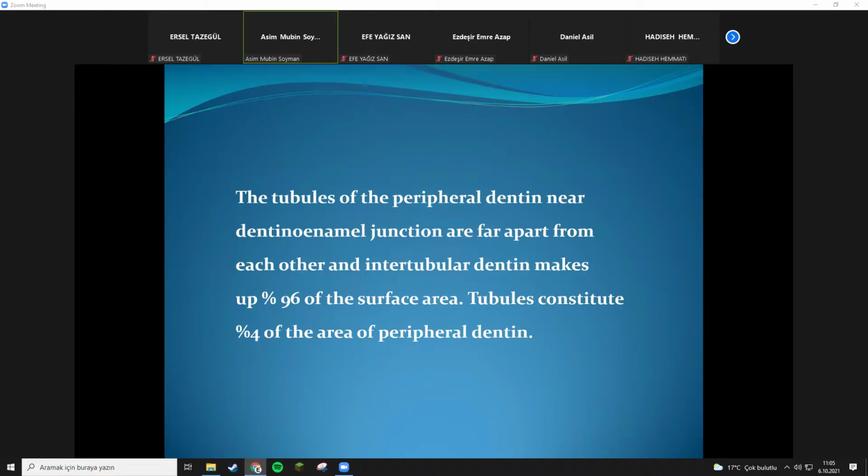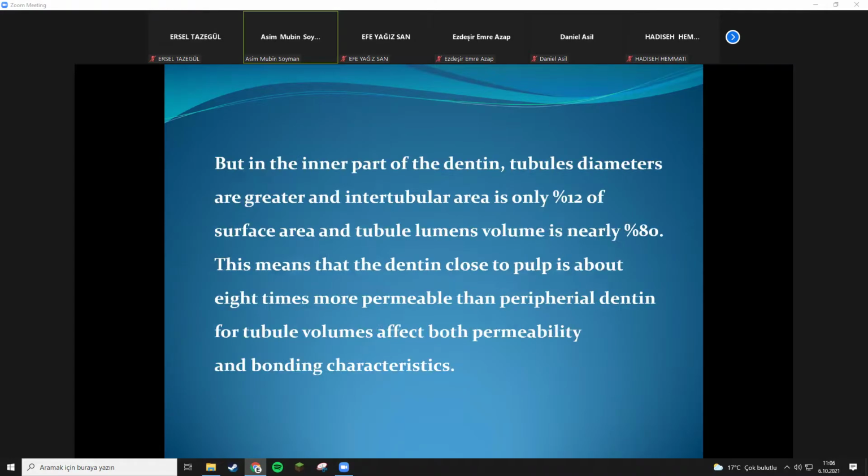Okay. Tubules of the peripheral dentine near the dentin enamel junction are far apart from each other, and intertubular dentine makes up 96% of the surface area. Tubules constitute 4% of the area of peripheral dentine. And please read the next one, this one.